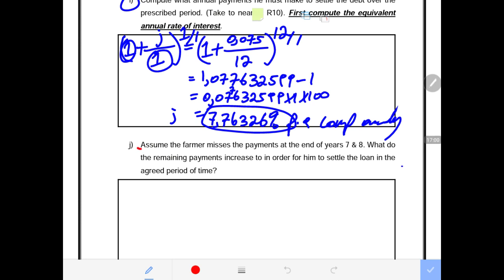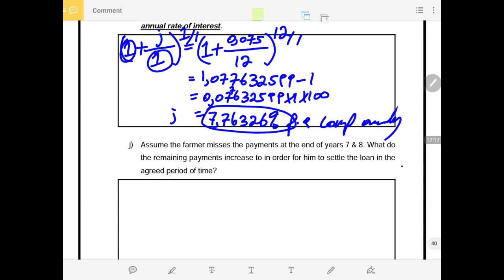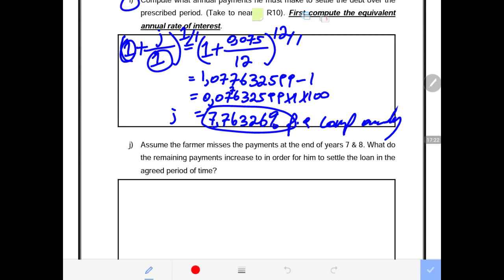Number J says assume that the farmer misses the payments at the end of year 7 and 8. What do the remaining payments increase to in order for him to settle the loan according to the contract time period?